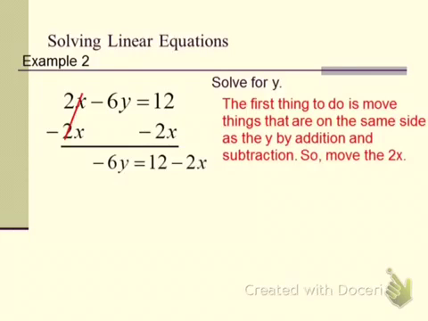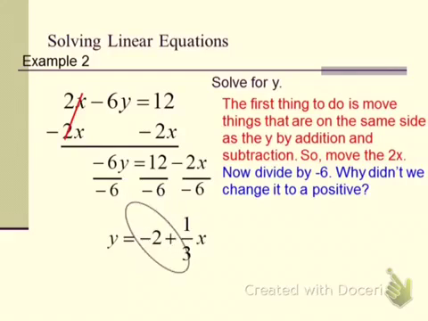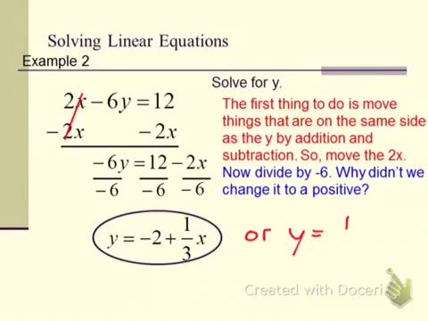Okay, now divide everything through by negative 6. And that's going to give us y equals negative 2 plus 1/3 x, which we might prefer to write as y equals 1/3 x minus 2.